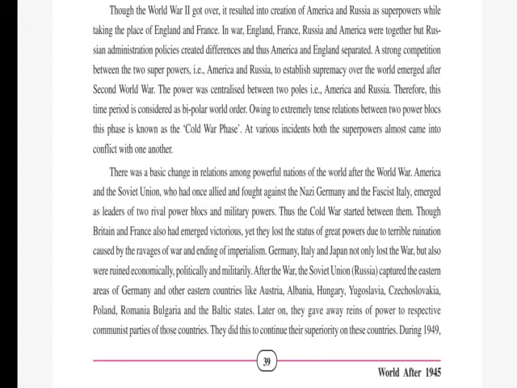The USSR had brought Eastern Europe under its control, and there was a threat of the spread of communism and Soviet expansion in Western Europe. This led to the formation of the North Atlantic Treaty Organization, known as NATO, by the USA and its allies in Europe.